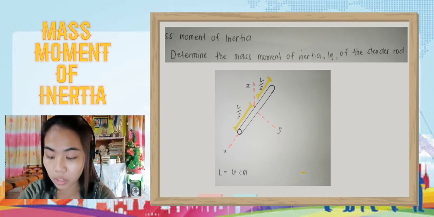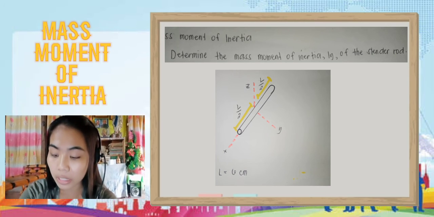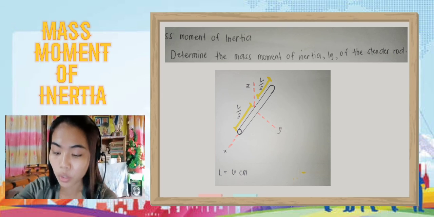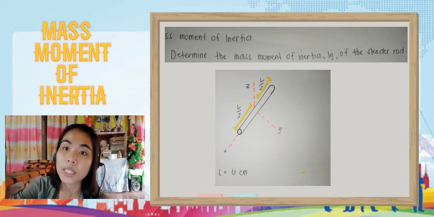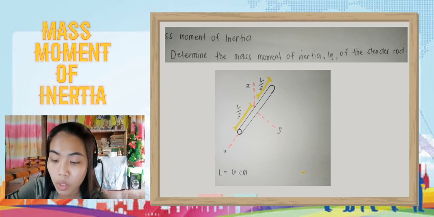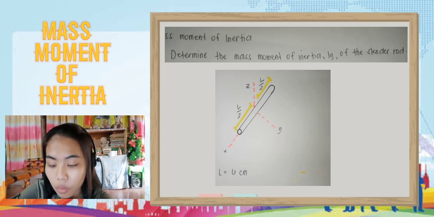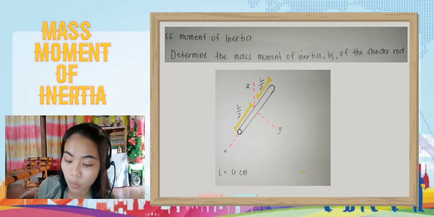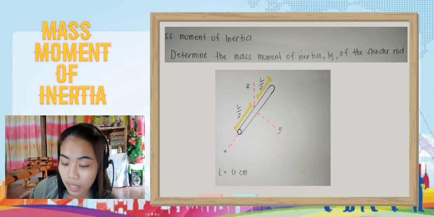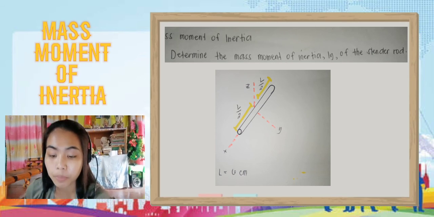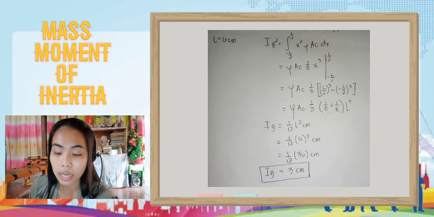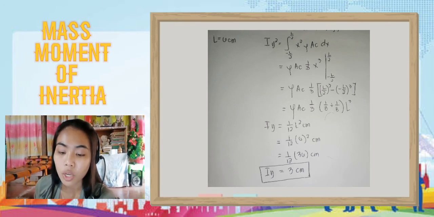So, para mas madali, gagamitin natin yung formula kasi meron rin siya naka-indicate na mga values. So, ang length natin is equal to 6 centimeters. First, kukunin muna natin yung value ng I_y.